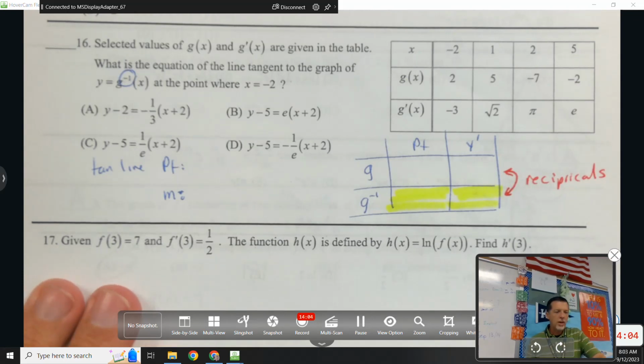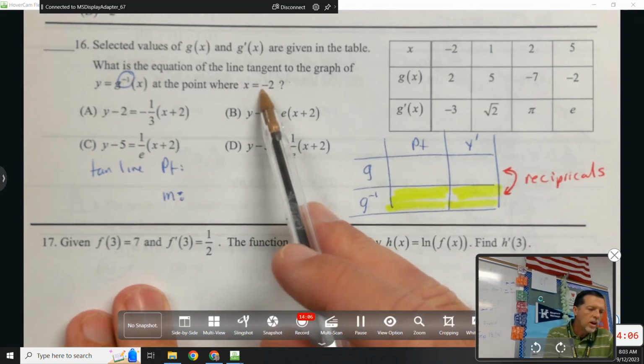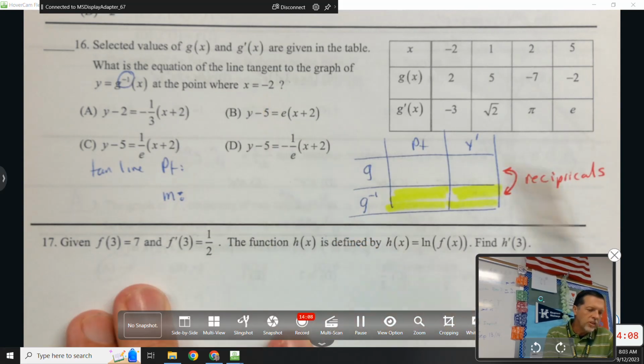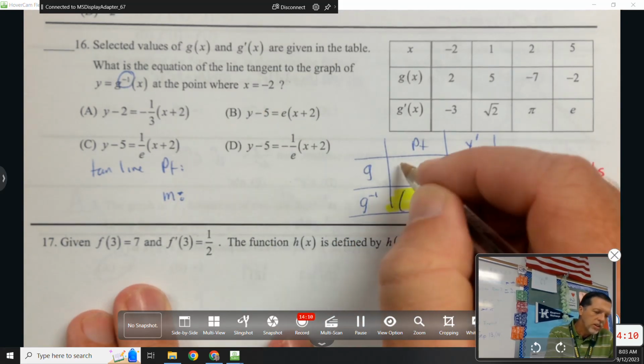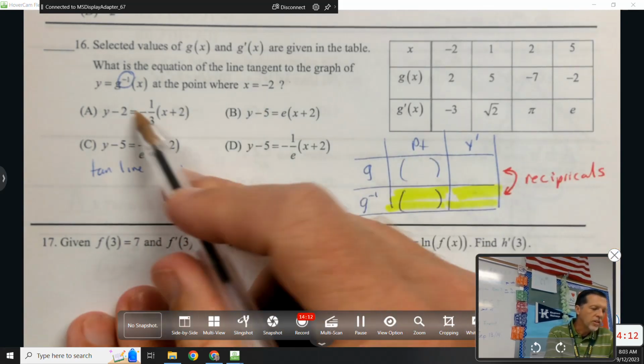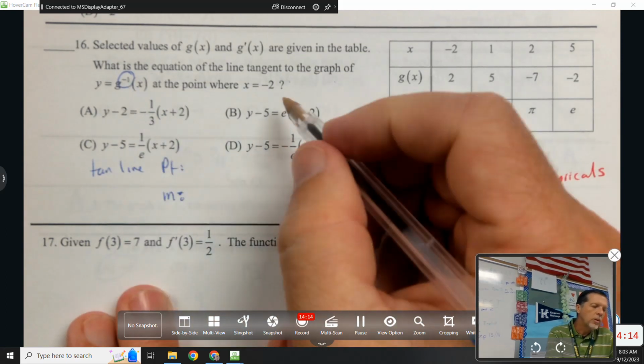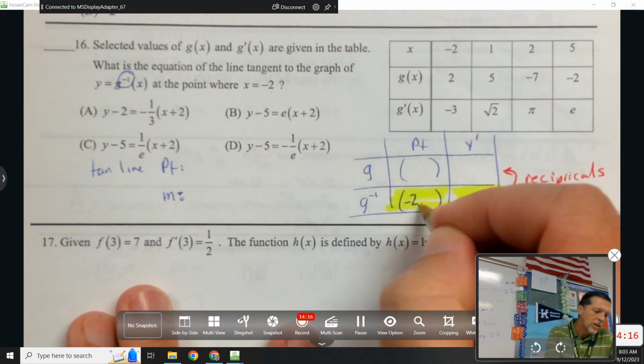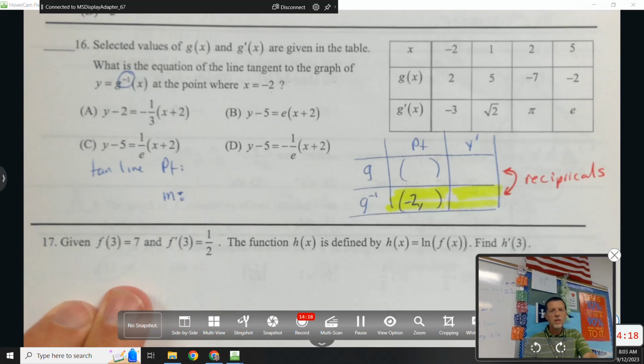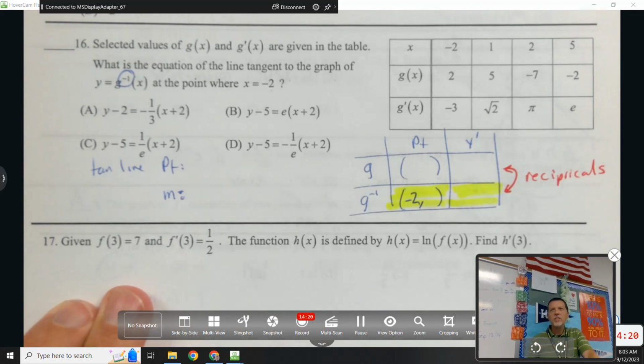Alright, so it tells me x equals negative 2. Is that for the inverse or for the original? It's for the inverse, because it's the graph of the inverse when x is negative 2. So negative 2 is the x value for the inverse of g. Alright, that gets me started. So what else does that mean? Where else can I use that negative 2?